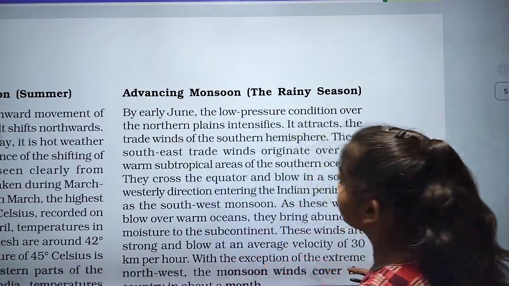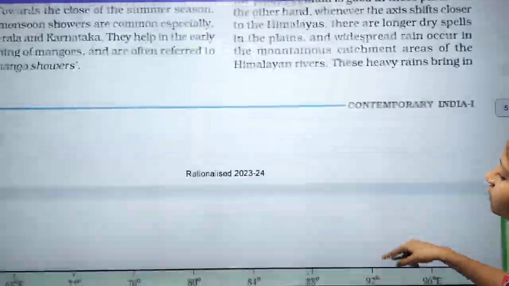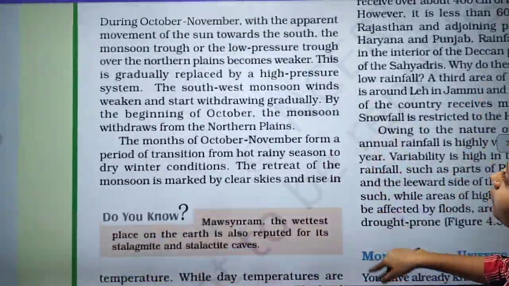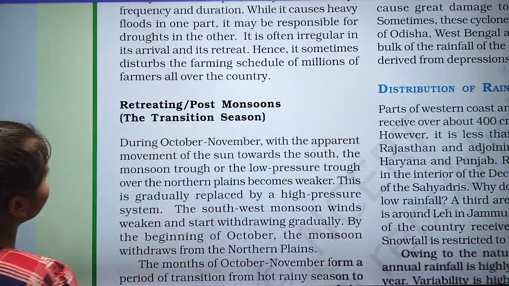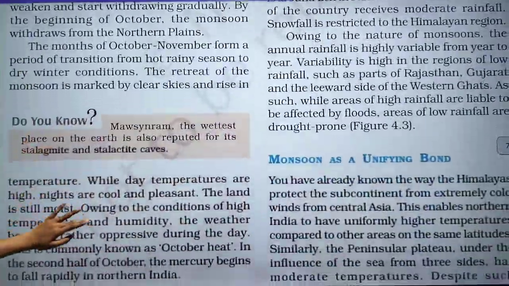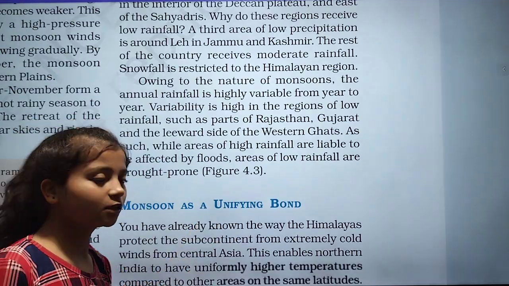Next is the advancing monsoon, that is the rainy season. We will discuss this in the next video. Now the next topic is the retreating monsoon and the transition season. After that we will read about the monsoon as a unifying bond.